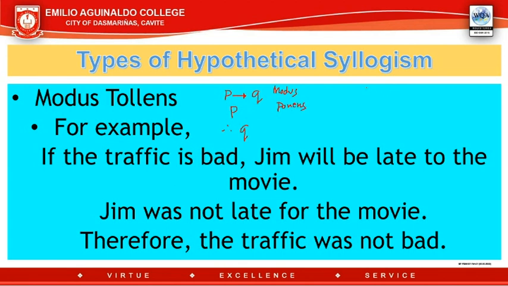On the other hand, we have P implied Q. We have our conditions here. Q didn't happen, therefore our hypothesis didn't happen. Okay, this is what we refer to as modus tollens. Okay. Based on the structure, makikita natin kung anong type of syllogism yung ginamit.